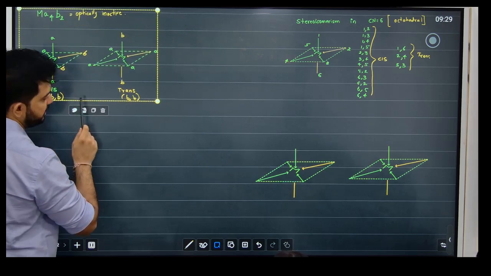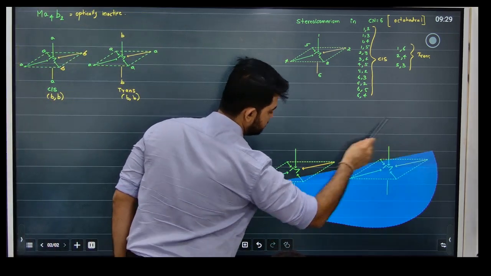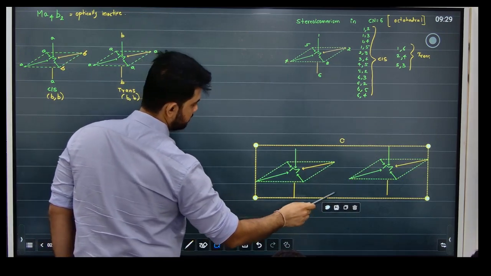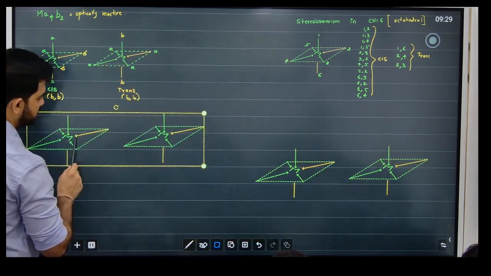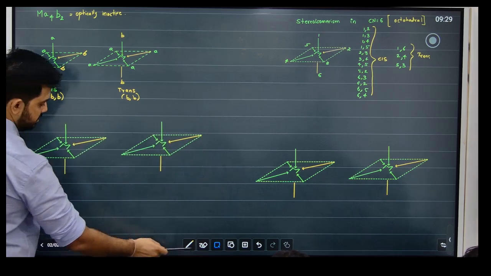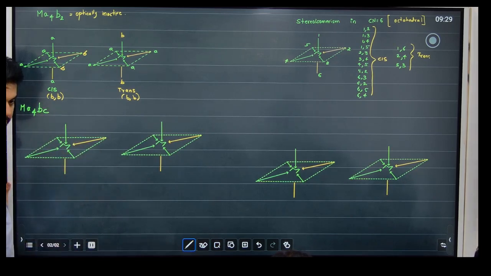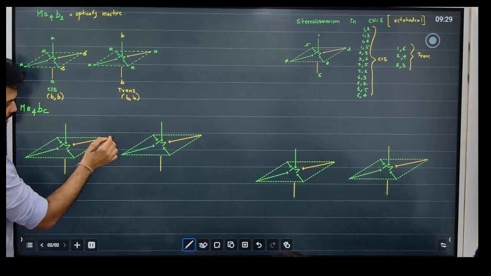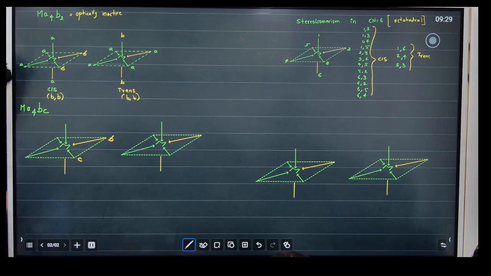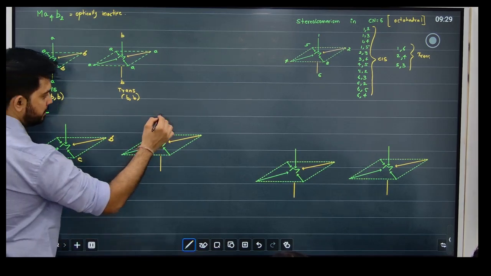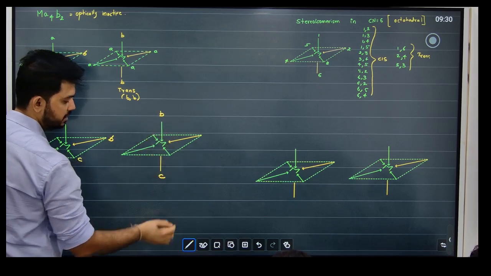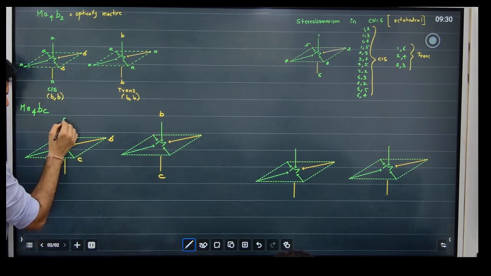What will the structure of MA4BC be? Come on, quickly. Which two ligands will you select here to keep the work easy? BC cis, BC trans.